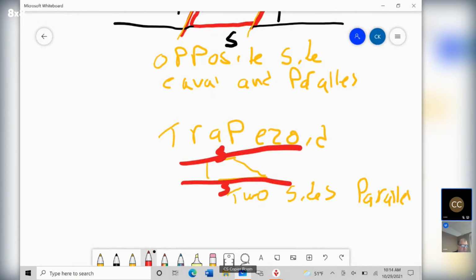So what I will do, I'm going to post some practice so we can get some practice identifying these different shapes. And then eventually we'll look at finding the perimeter and area of shapes. That's probably the last thing we'll do. We'll do a circle, triangle, and then we'll look at these quadrilaterals.